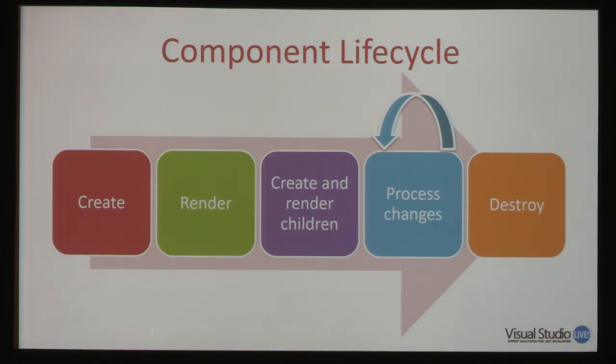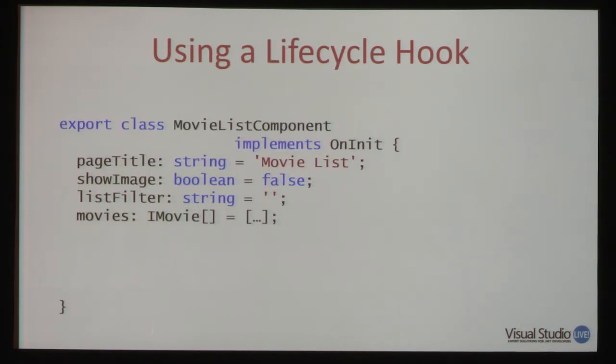We do that using something called a life cycle hook. And this is, again, where we're going to have an easier time than straight JavaScript folks, because the life cycle hooks are provided as interfaces. So what I'm doing is implementing OnInit. That is implementing the OnInit lifecycle hook. Each of the lifecycle hooks requires that you implement one method.